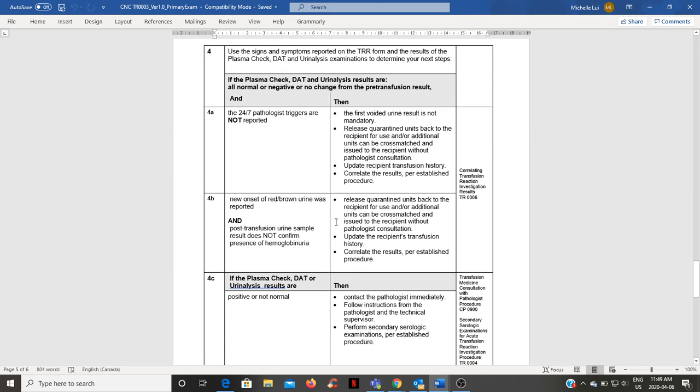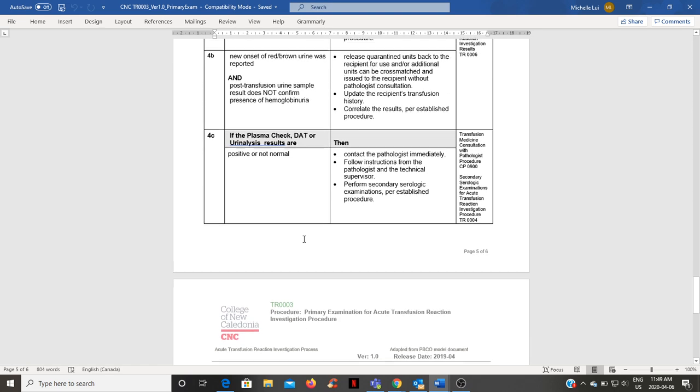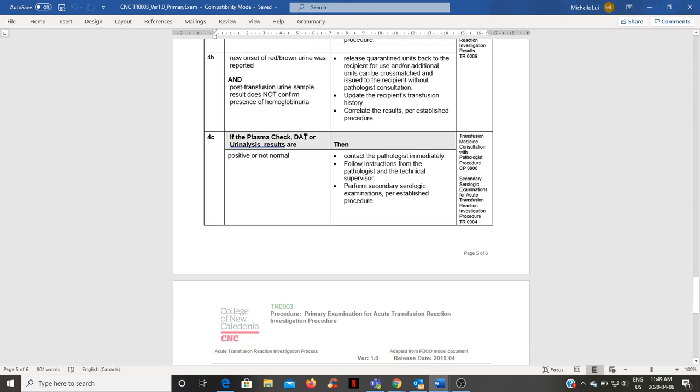So let's go down here. If the plasma check or DAT were positive, contact your pathologist immediately. So this might need a second phone call. If the first time you're phoning is because it's a case with hypotension, and then now you're doing a plasma check and a DAT and something else is positive, then you're going to be calling them again.